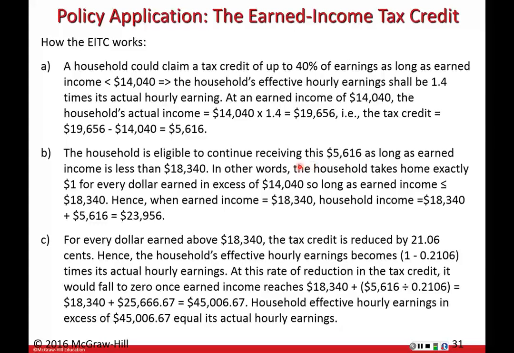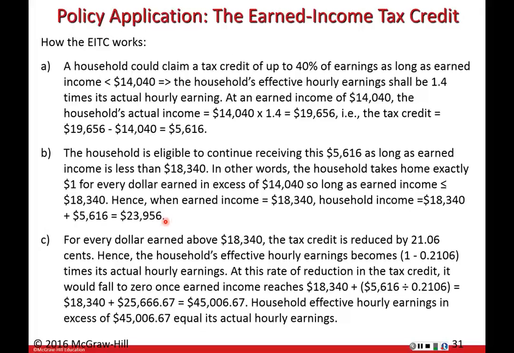Now once earned income reaches 18,340, how much is its actual earnings? This is the labor income. To this you add the 5,616 earned income tax credit, and that gives the household an income of 23,956.